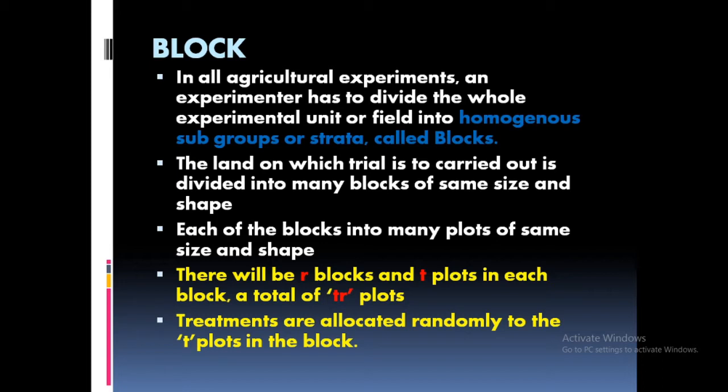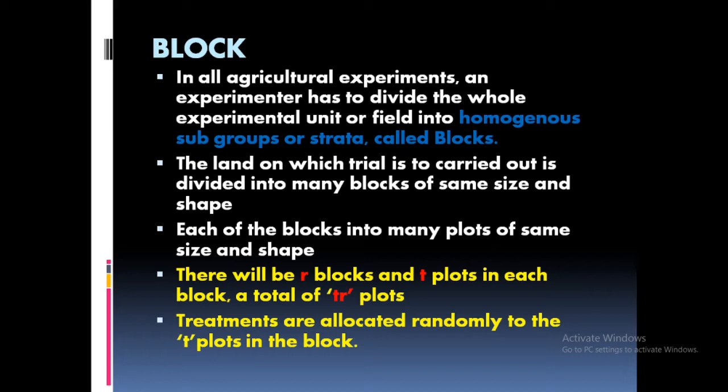Okay. Now, another important term is block. This you studied in your sampling methods. In an agricultural experiment, usually we have to divide the whole experimental area into homogeneous groups, that is known as blocks. Clear? So you will have a large land, for example. In that large land, there is a highly fertile area, a less fertile area, and a moderately fertile area in the big plot.